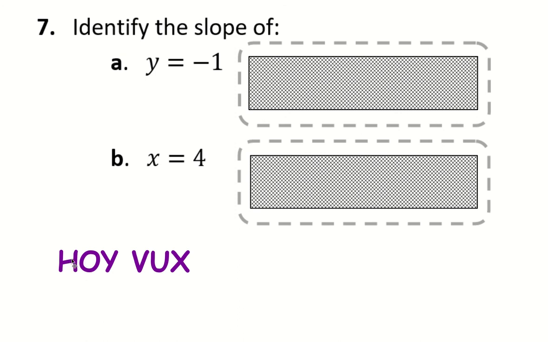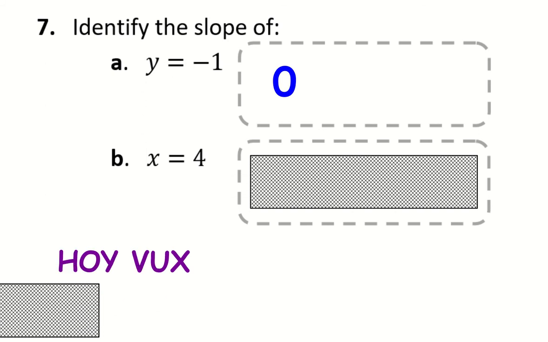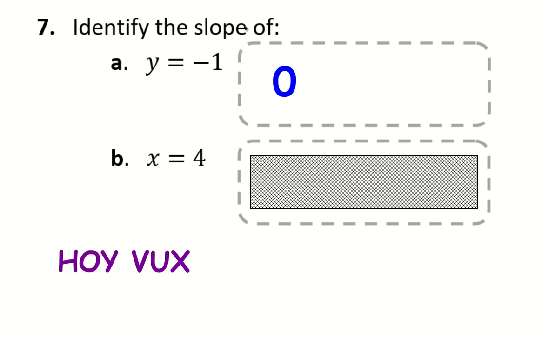This helps you remember that horizontal lines have a slope equal to 0, and the equations only have the y variable, just like 7a. So this is a horizontal line in the plane, and therefore the slope, which is what they ultimately want here, equals 0.